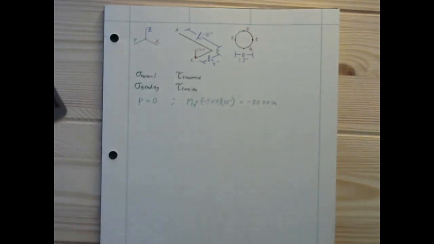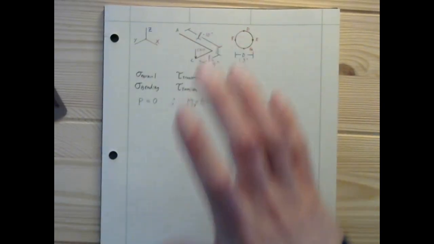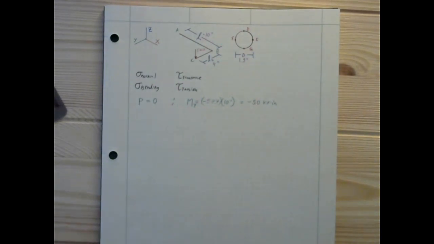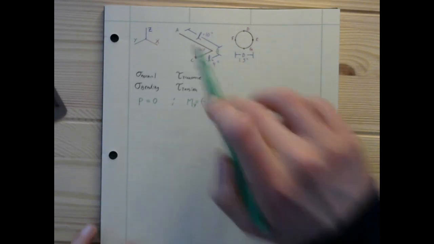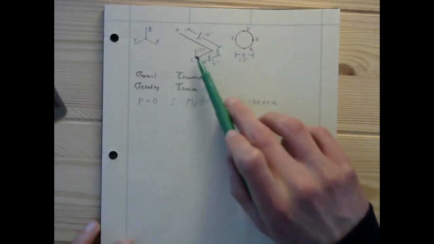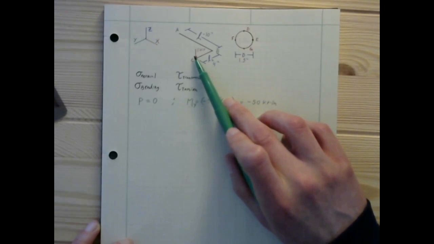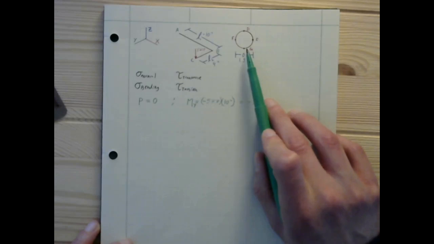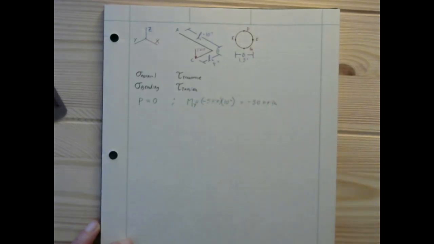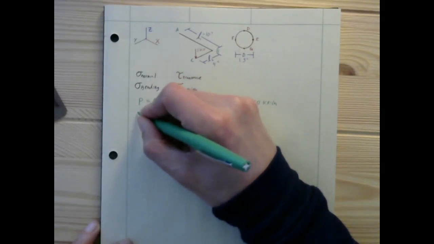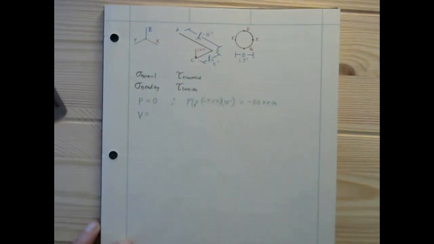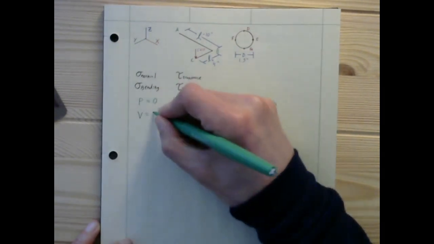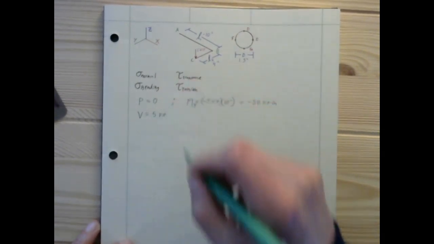I like to think about it because of the curvature, it's going to bend in such a way that's going to cause negative moment. All that really means, and we need to remember, is that at point A, the moment induced by this force is going to cause us to have tension at point D at the top and compression at point G on the bottom. Then we have the transverse shear, V. That's just going to be the full 5 kips.